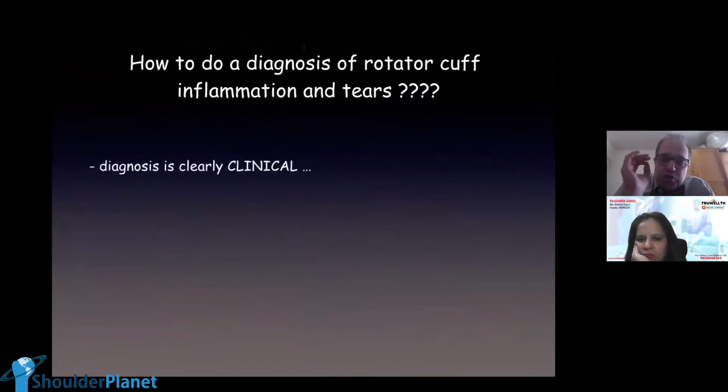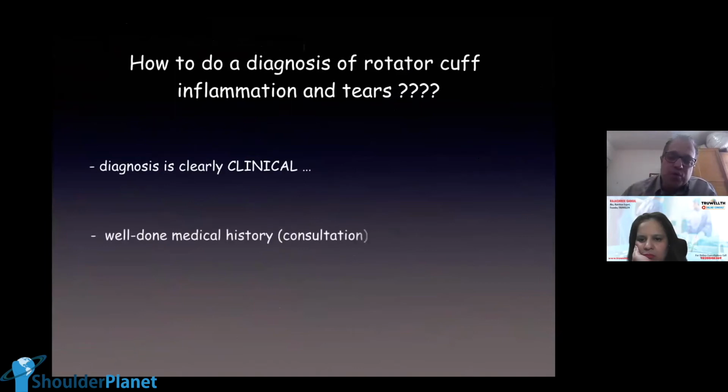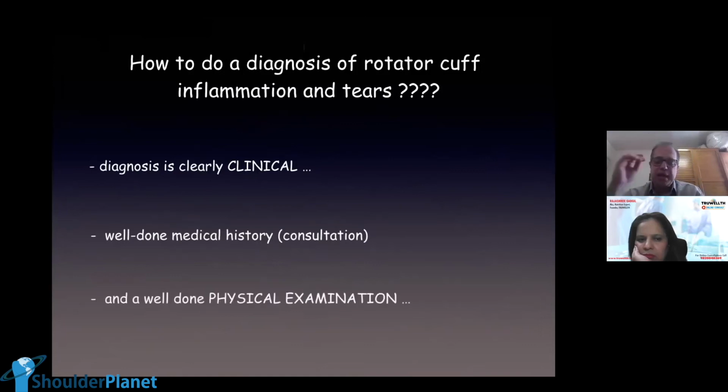A good doctor must have all of the understanding of how the disease works in his mind, and then depending on a very well done consultation and medical history, the doctor will start to understand what the patient has. And then he must do a very thorough physical examination.